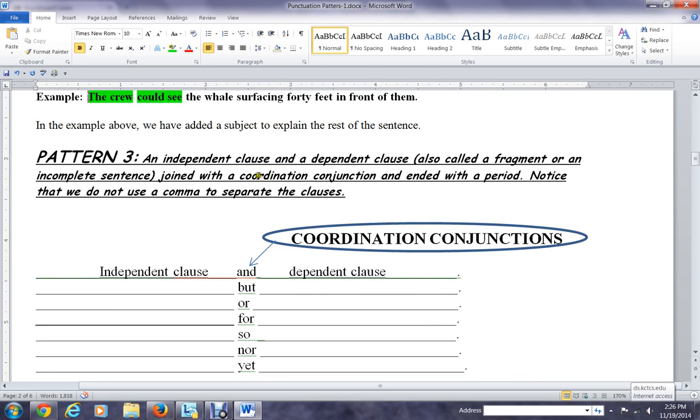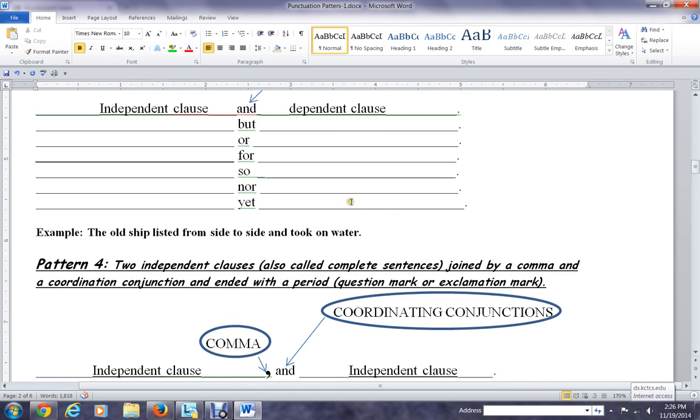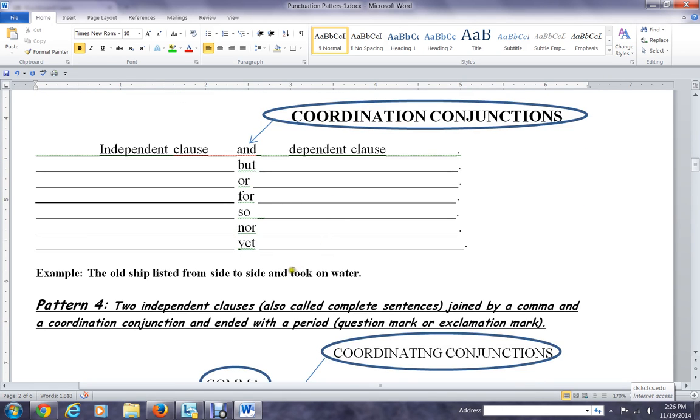An independent clause and a dependent clause, also called a fragment or incomplete sentence, join with a coordinating conjunction and end with a period. Notice that we do not use a comma to separate the clauses. This is because our dependent clause does not have a subject or a verb in it between these words.